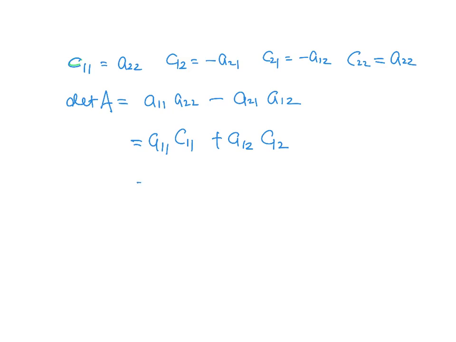Or this way: A22 A11 is A22 C22, plus A12 A21 is A21 C21. We can express it in many different ways.